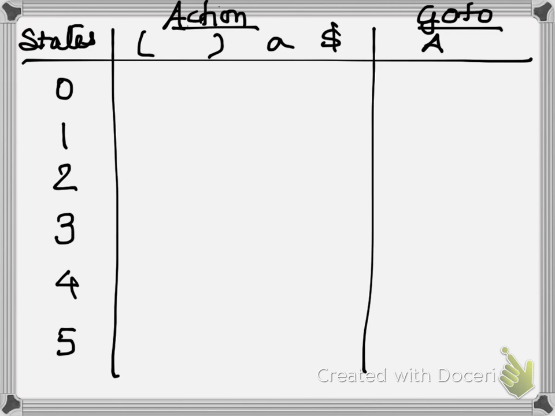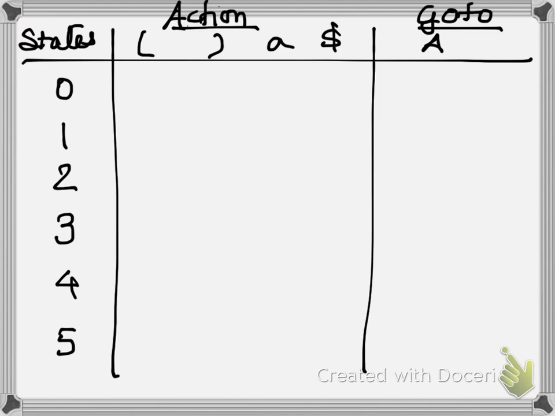The action section, where for each terminal symbol, you have a column. Our terminal symbols in our grammar were opening parenthesis, closing parenthesis, a, and of course our end of string input symbol, that is $. And in the goto section, we have one column for every variable.